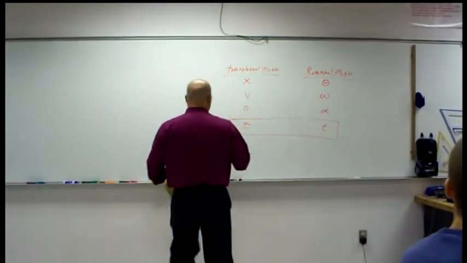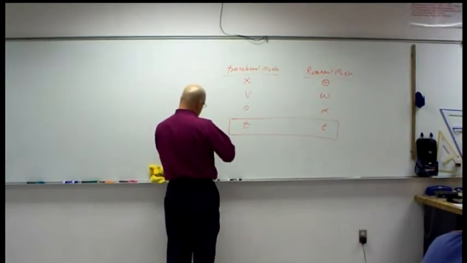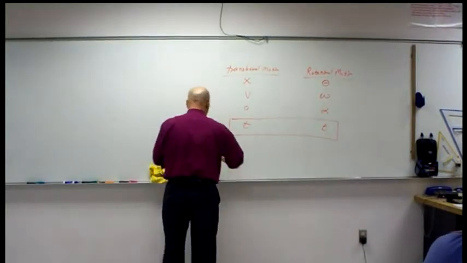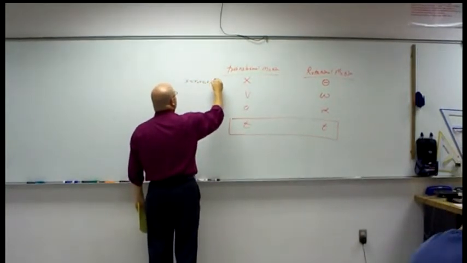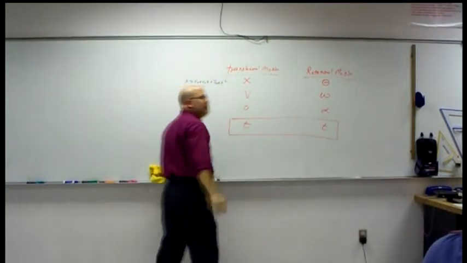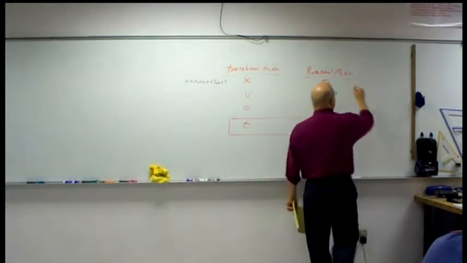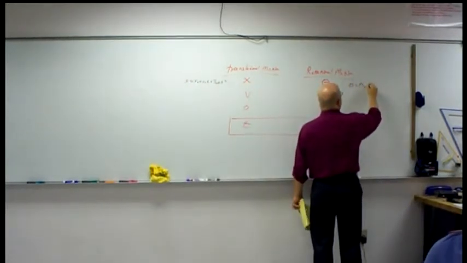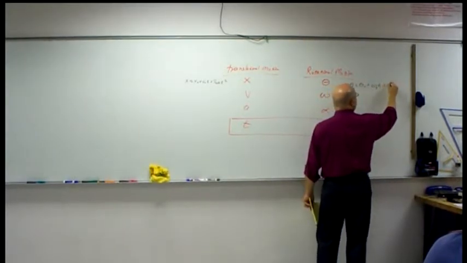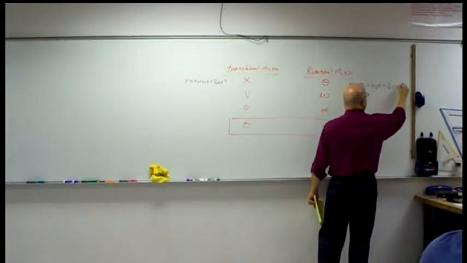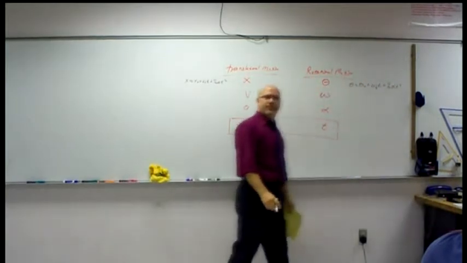So for instance, if you had the equation x equals x naught plus v naught t plus 1/2 a t squared, what's the angular equivalent? Theta equals theta naught plus omega naught t plus 1/2 alpha t squared. There you go.